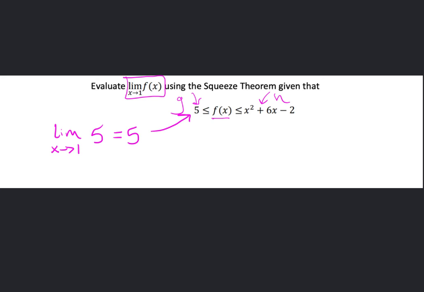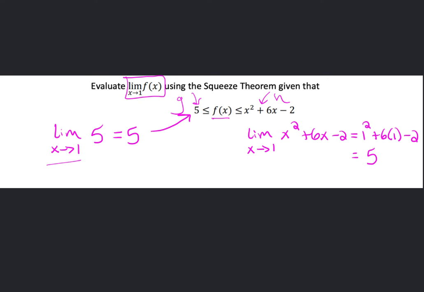So let's test the other side, the h function. So the limit as x approaches 1 of x squared plus 6x minus 2. Let's see, 1 squared plus 6 times 1 minus 2. That equals 5.